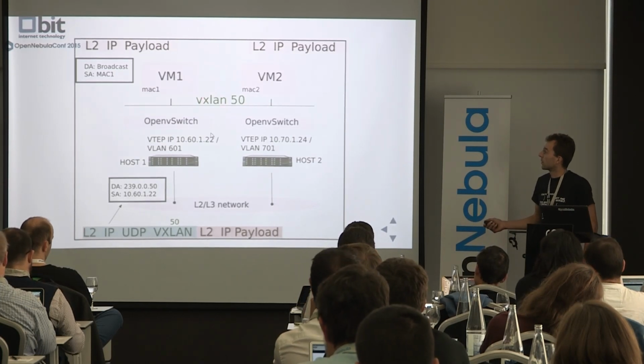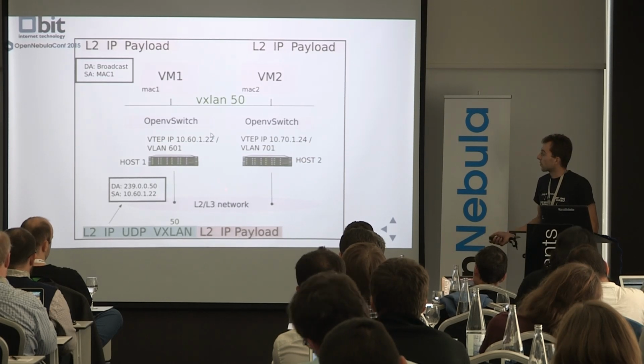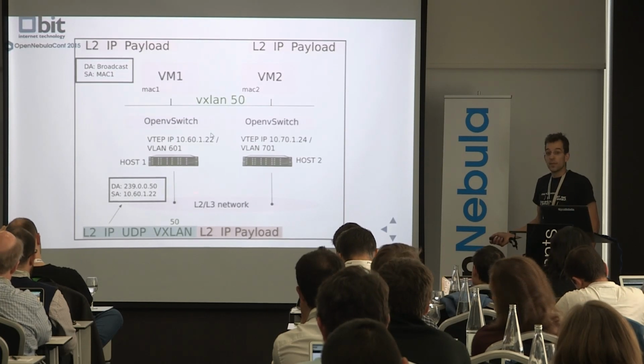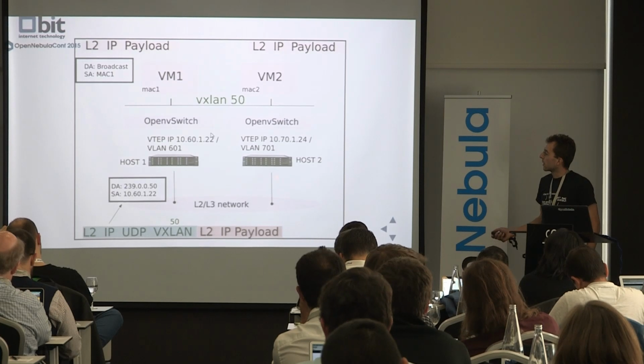All the hosts that participate in this multicast group, with virtual machines running in VXLAN 50, will get this packet from the switch. Only the hosts that have an interest in receiving your traffic will have joined the multicast group and receive this packet.